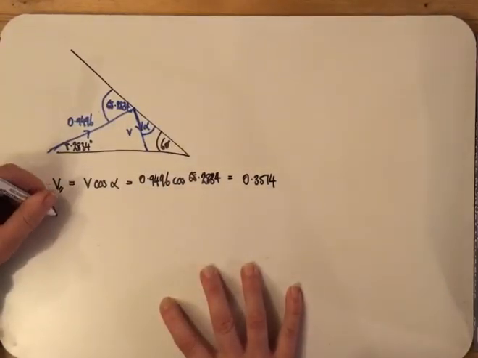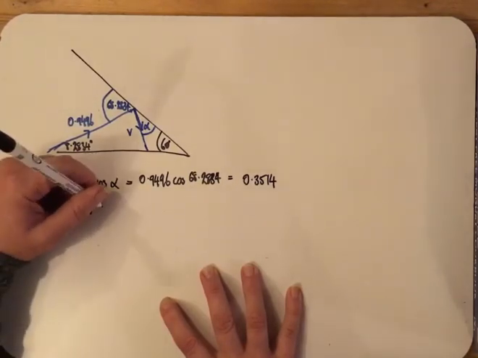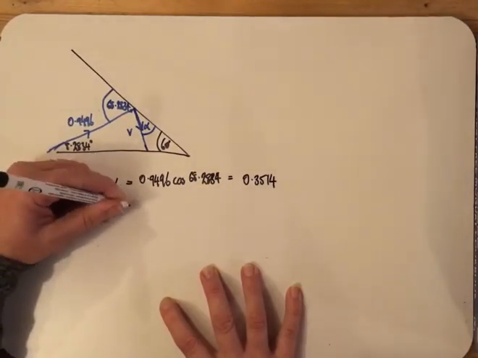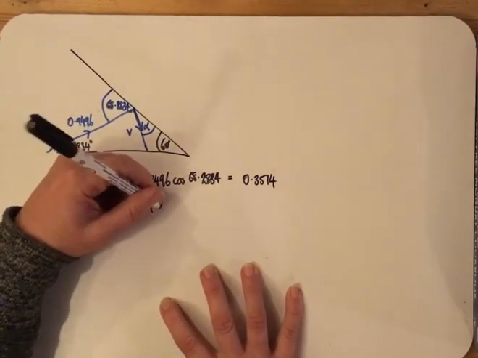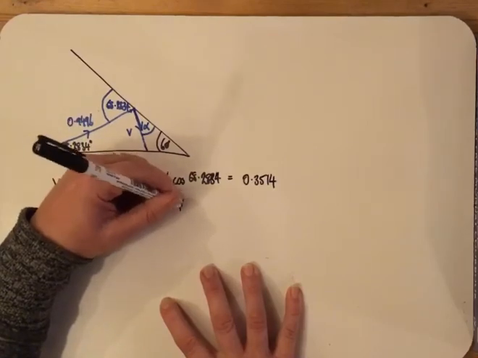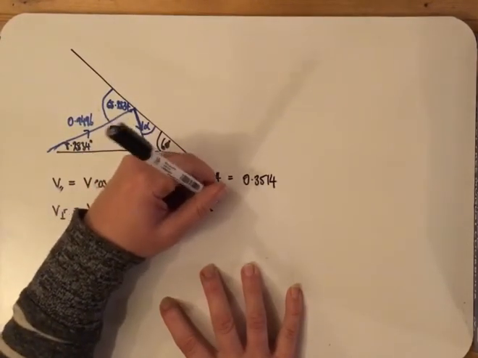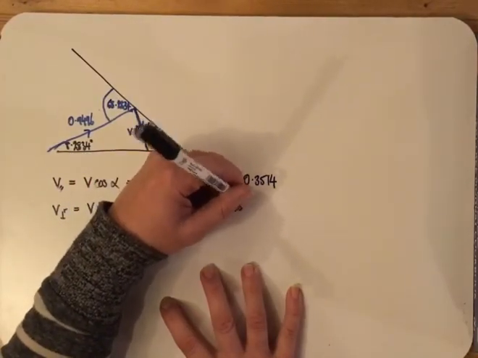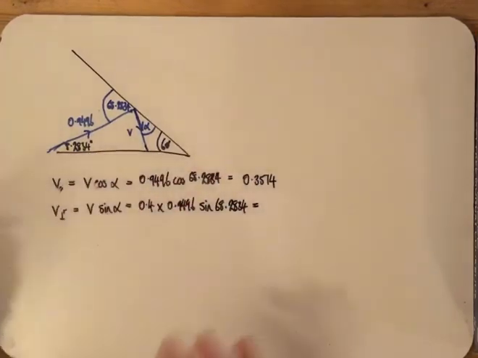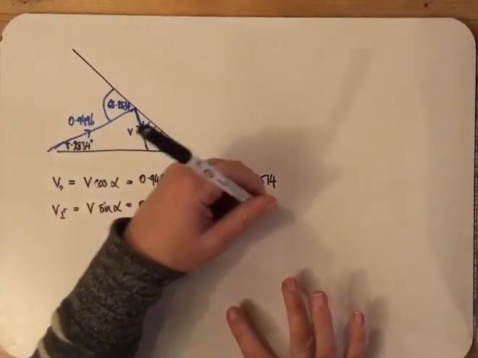And then V perpendicular, which is V sine alpha, is equal to 0.4 times 0.9496 sine 68.2834. So that's just using restitution on the perpendicular, and that gives you 0.3529.